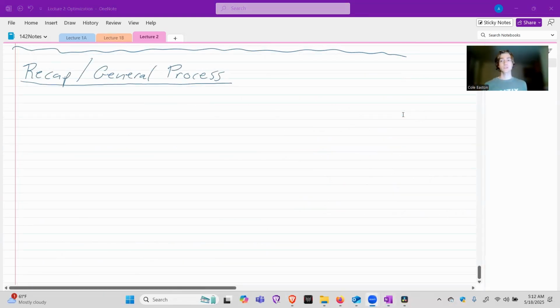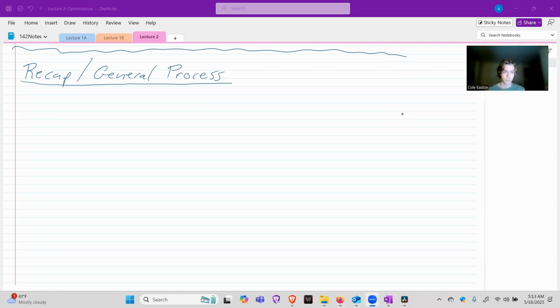Now, there are tons of optimization problems we could come up with, and you're going to see some optimization problems on your web work that might look a little bit different than the ones we've done. Some might look similar to the ones we've done, but we want to just come up with some general processes so that you're able to come up with these solutions on your own, even for optimization problems that are a little bit different from the ones that we did today.